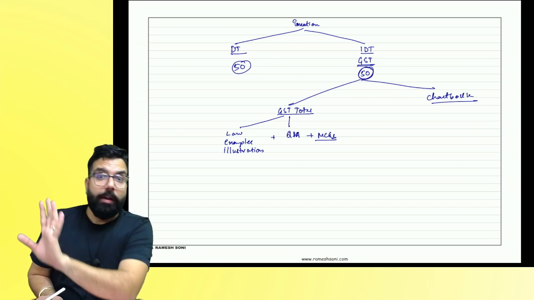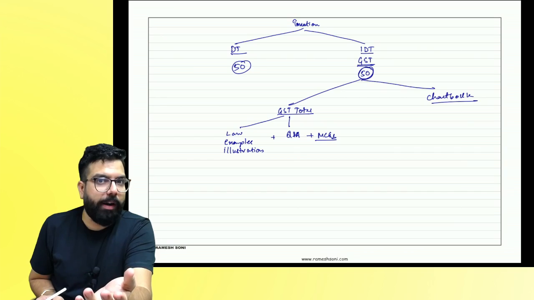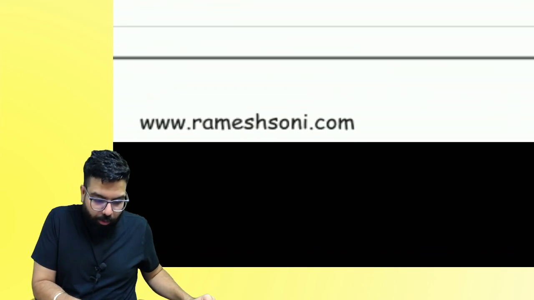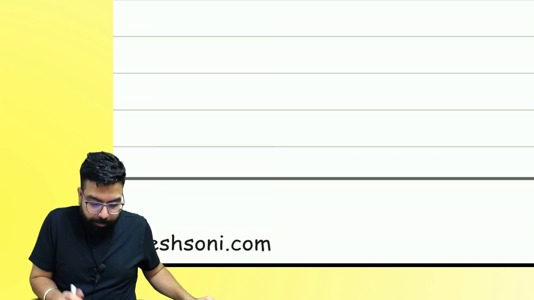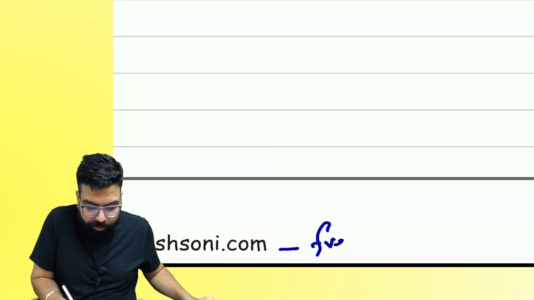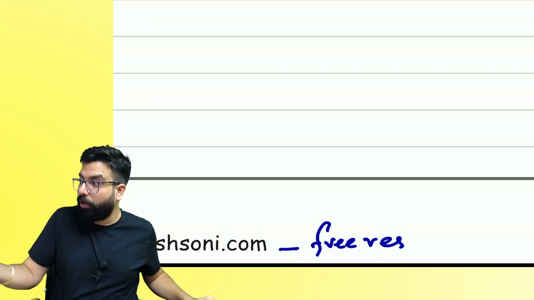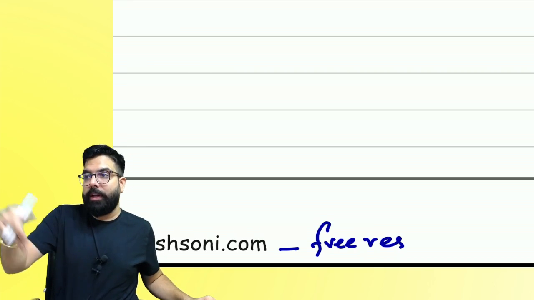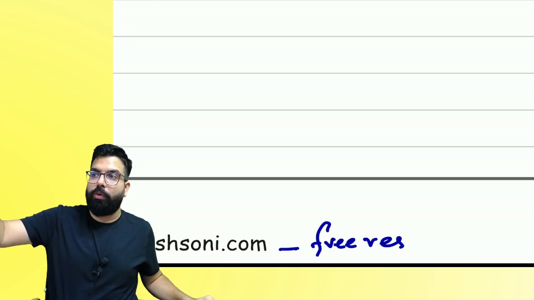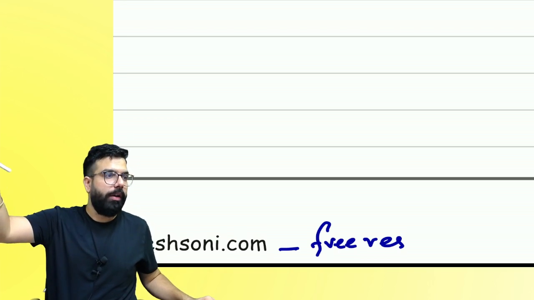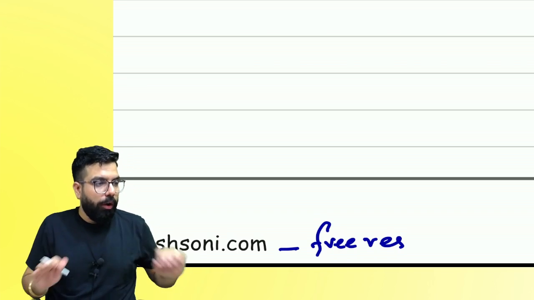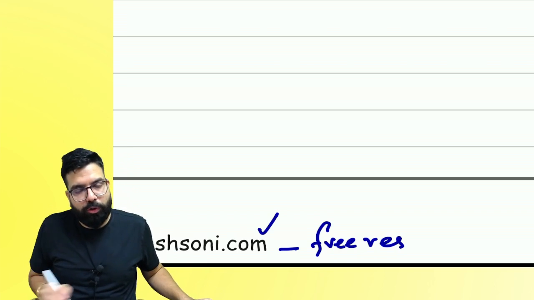Now, people who are watching the Google Drive or Pendrive, those students can go to rameshsoni.com. In rameshsoni.com, you will have to go to free resources. But not for you guys, the face-to-face students. For you guys, the institute will share the link for the Google Drive or the place where they will upload the notes. This is for those students who have taken the classes from rameshsoni.com.